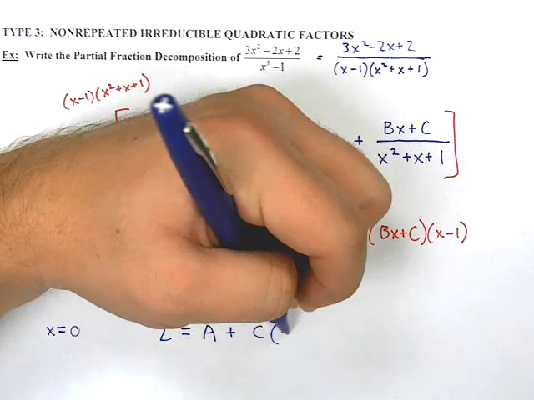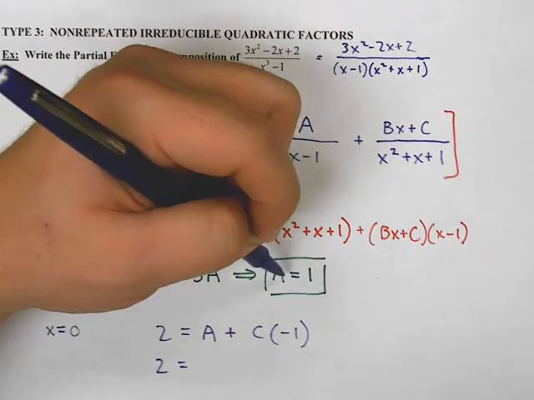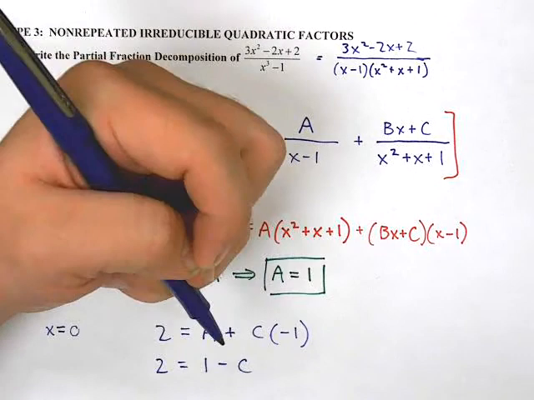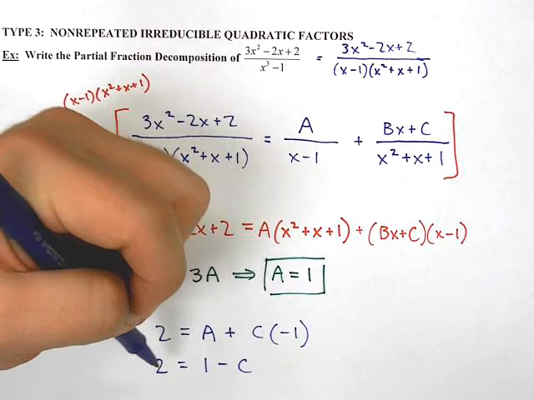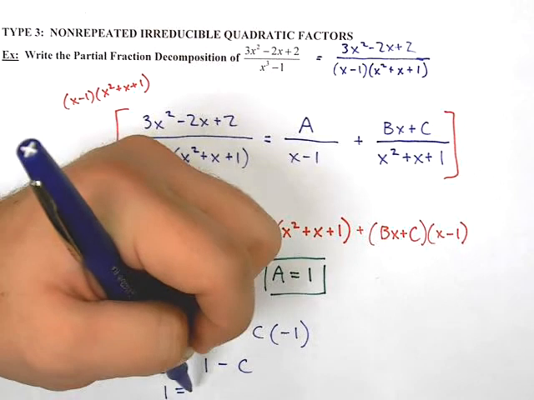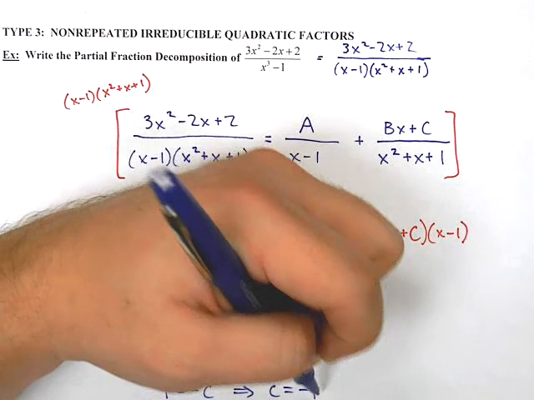So let's write it like that, c times negative 1. All right, so if I keep going here and I plug in, well, I knew a was 1, so 1, and this is going to be minus c. So now when I move this over, I get that 1 equals negative c, or c equals negative 1.